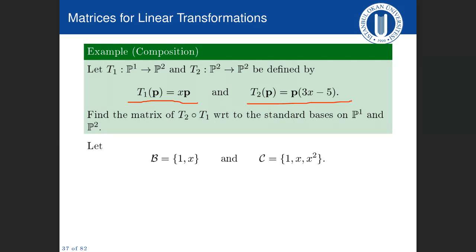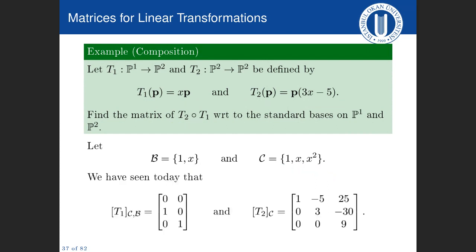We are asked to find the matrix for T2 composed with T1 with respect to the standard bases. So our standard bases are 1, x, and 1, x, x squared. We've done the work already here because we know that the matrix for T1 is 0, 0, 1, 0, 0, 1.